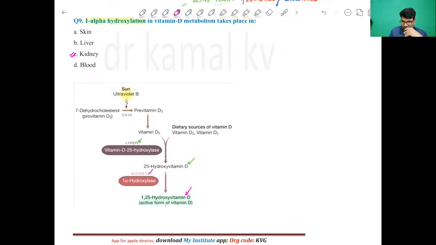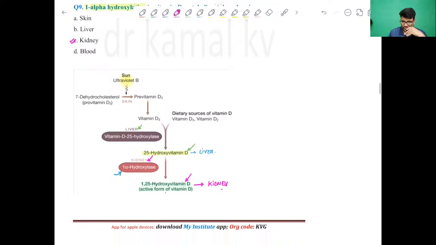The enzyme responsible is 1-alpha hydroxylase. So the answer is kidney. If it is about 25-hydroxycholecalciferol, you can say liver. And the formation of the active form, 1,25-dihydroxycholecalciferol, is in kidney. Clear? So please remember this much.